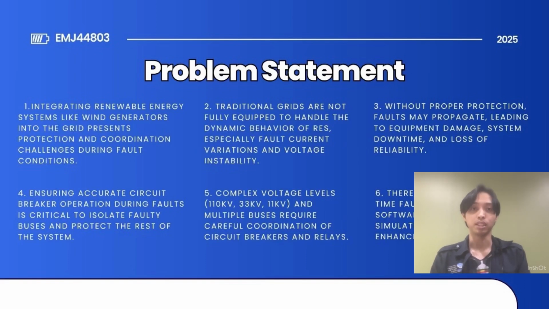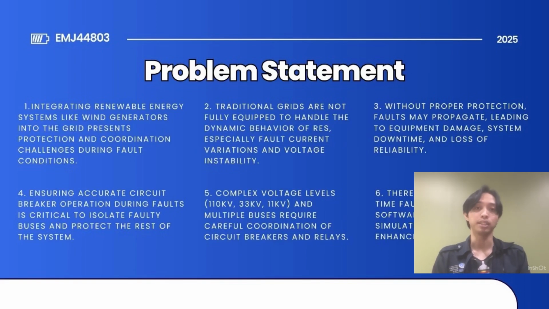Without an updated and reliable protection scheme, faults can spread across the network, risking equipment damage, longer downtime, and even widespread outages. That is why accurate circuit breaker operation is so critical. We need to ensure that when a fault happens, the breaker quickly isolates the faulty bus while leaving the rest of the system unaffected.